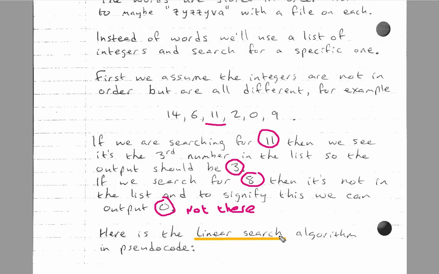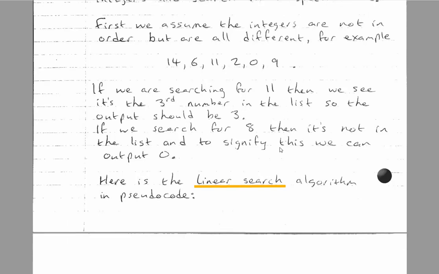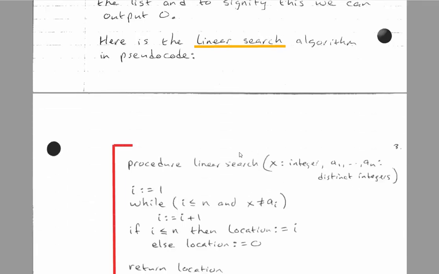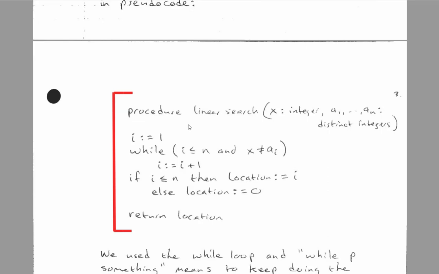Our algorithm for this is called linear search. It's similar to the max procedure, so it just steps through the list. Here's the name of the procedure, linear search. Here's the input, so this is what goes in.